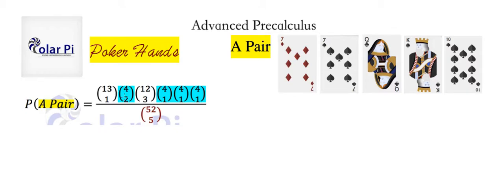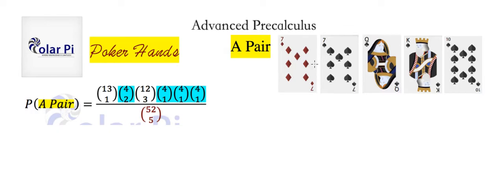And then the 4 choose 2 here is highlighted, and anything highlighted is choosing a suit. So now that we've decided we've picked a 7, we need to choose 2 suits from 4 possible suits. And here we've got a diamond and a spade.